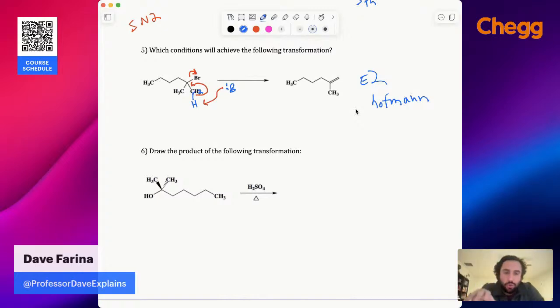So how can we ensure that we get Hoffman elimination? You want to bulk up that base. And so the classic E2 Hoffman promoter is going to be your tert-butoxide, CH3 COK.